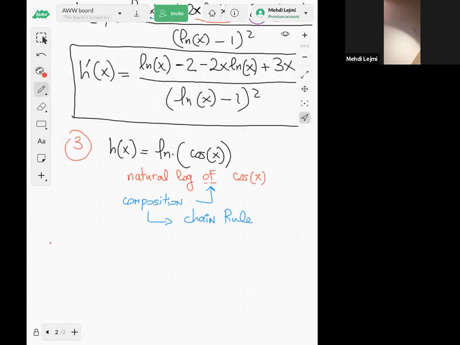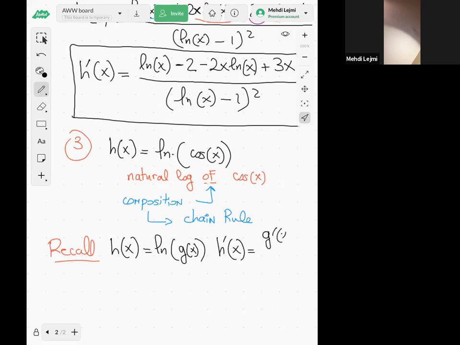What I'm saying here is, if your h of x is natural log of g of x, then h prime, as a consequence of the chain rule, as we proved last time, would be g prime of x over g of x.